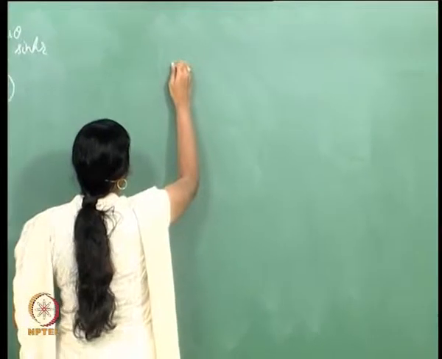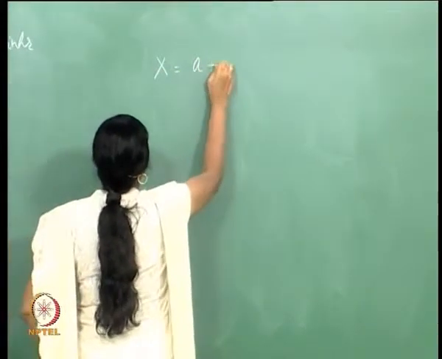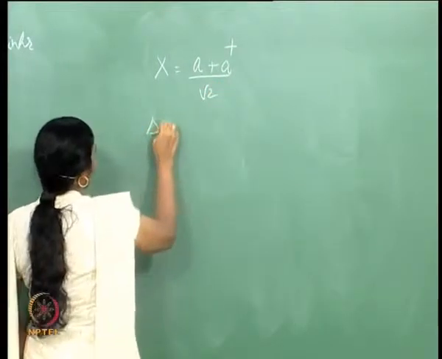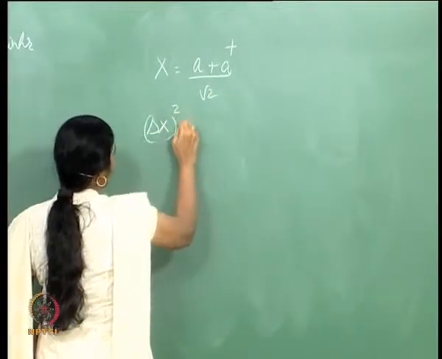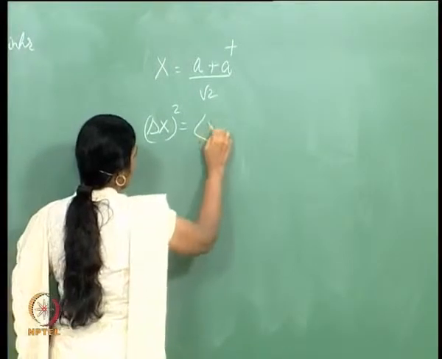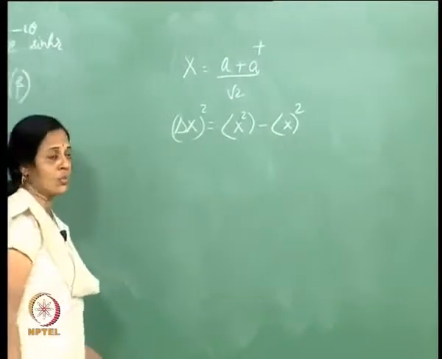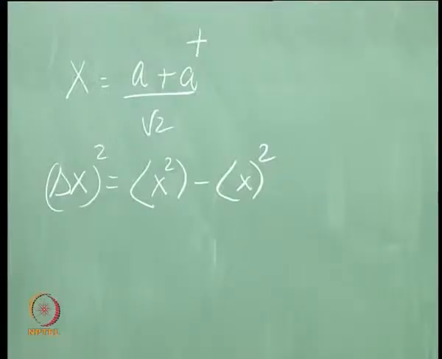So, we recall that we had x, which was A plus A dagger by root 2, and the variance in x was expectation x squared minus expectation x the whole squared. We need to compute this and find out if it is less than half or greater than half. If it is less than half, it is a squeezed state with squeezing in the x quadrature.